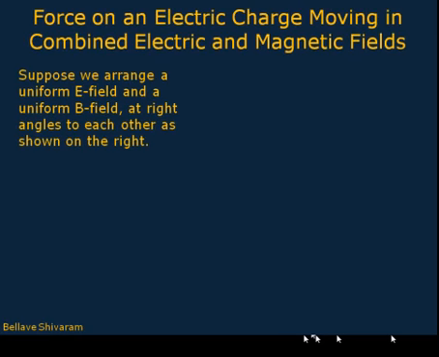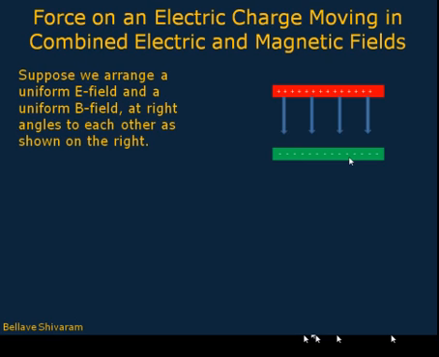Suppose we arrange a uniform electric field and a uniform magnetic field at right angles to each other. So this is shown here. First we construct an electric field. We have two plates, positively charged and negatively charged. And of course the electric field will be as shown by the arrows.